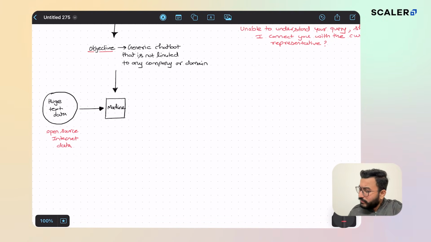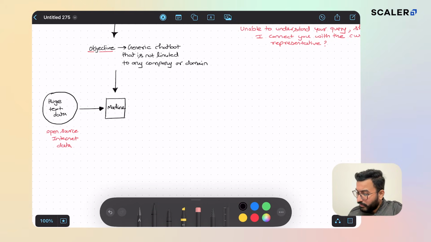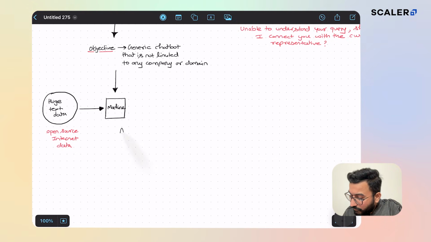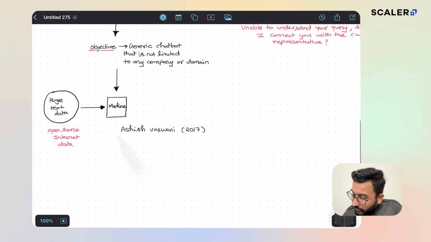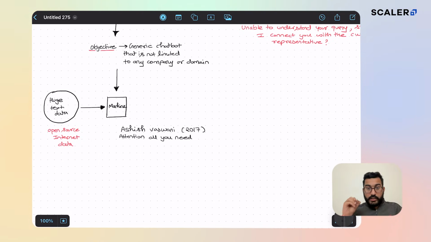And that is where this scientist, whose name was Ashish Vaswani, so in 2017, I think, Mr. Ashish Vaswani wrote a paper, and the paper was named Attention Is All You Need. Now, Ashish Vaswani in his paper introduced two concepts.